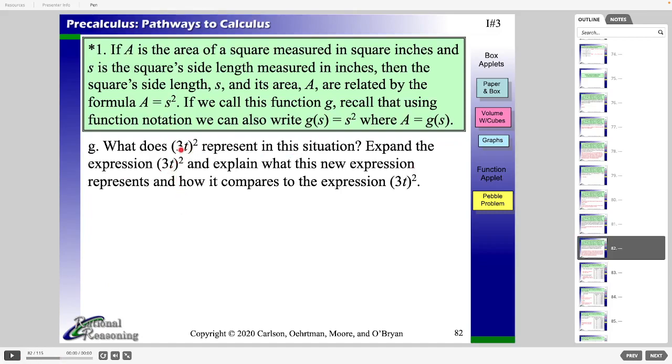What does (3t) squared represent in this situation? Well, again, 3t represents how much the side has increased. And so if you expand it, what you're going to see is it's going to be 9t squared.